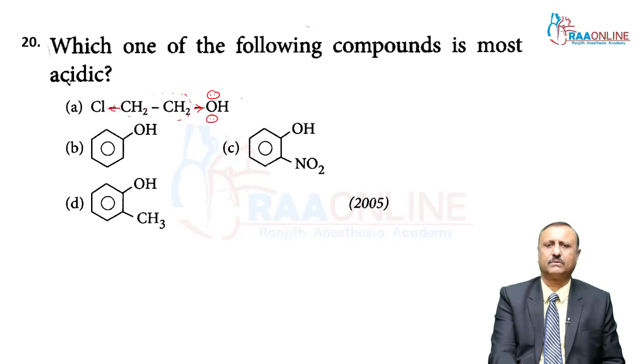Here you can see that this is the alkyl group. Alkyl groups are electron repelling groups, so they increase the electron density on the oxygen atom.